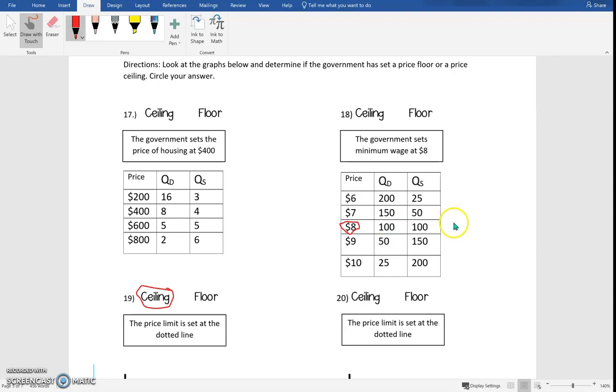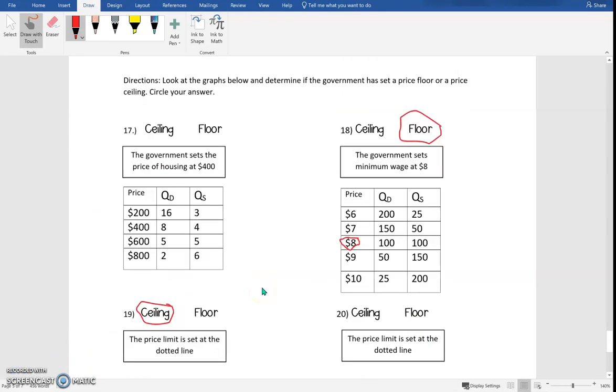On this graph, it happens to be right here at 100. So they set a minimum wage at $8. They're setting a price level at this equilibrium price. If it's set at the equilibrium, that means it's a floor.